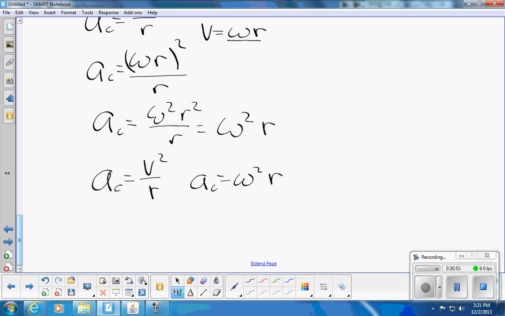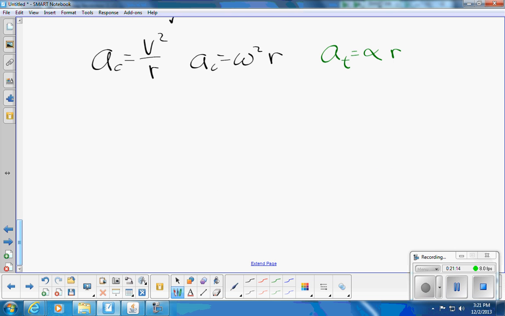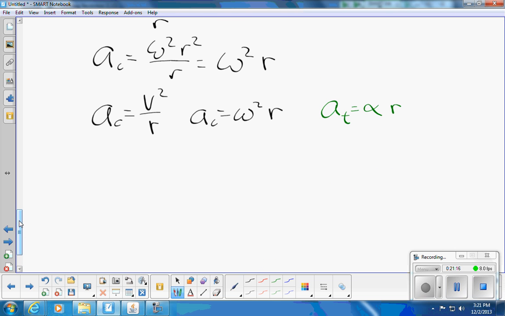Just to summarize our accelerations, we also have a new expression for tangential acceleration, alpha times r. That, again, you only have if you're rotating faster and faster or slower and slower. Just to try to confuse issues as much as possible, we will sometimes find ourselves using a different term for centripetal acceleration, and that would be radial acceleration.